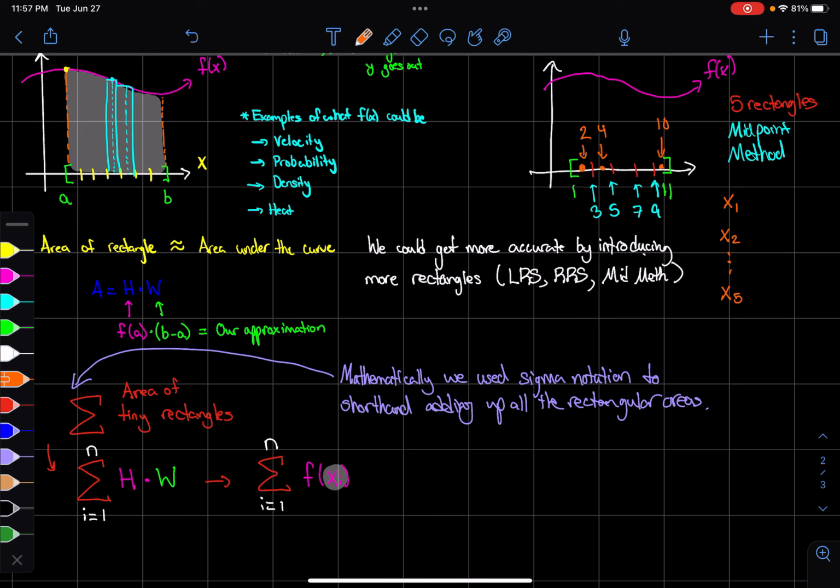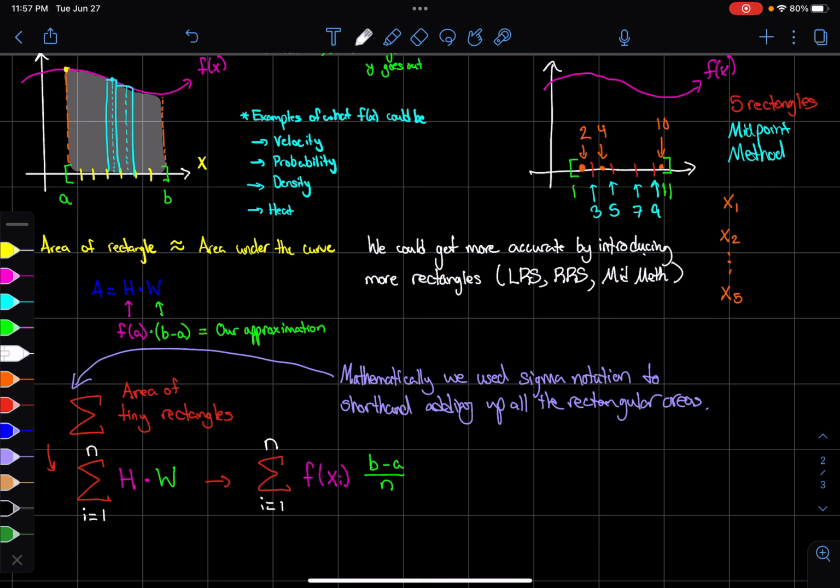Okay, so those x sub i's just correspond to the total number of rectangles that we have. It's which x value you're going to use when we're calculating the height of those rectangles. And then the next question is, okay, what's the width of all those rectangles? Well, the width is a lot easier to calculate. You just take the total distance, which is b minus a, and you divide it by the number of rectangles.